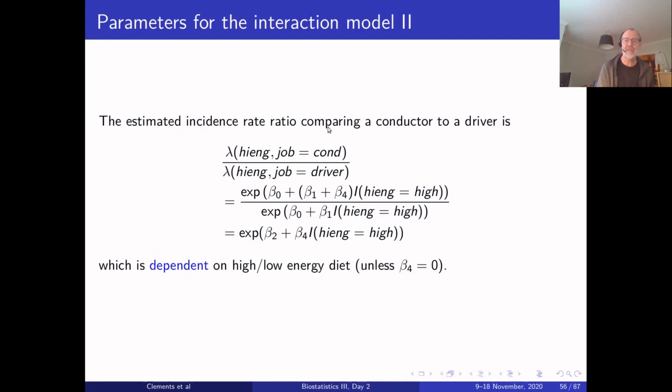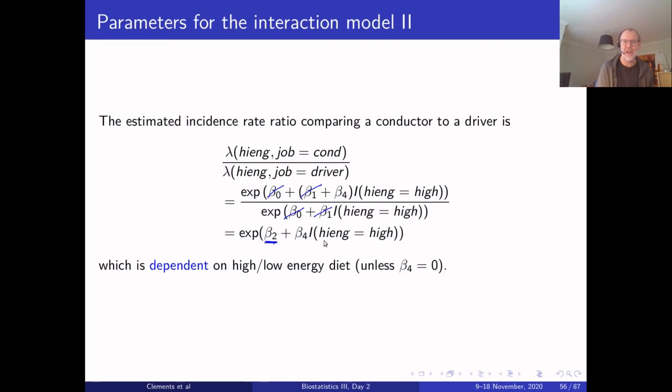So the estimated incidence rate ratio comparing a conductor to a driver for a given type of diet is equal to this divided by this. What we find is that this cancels out and that cancels out. So then what we find is if they're on a low energy diet, that is the effect for comparing a conductor with a driver.